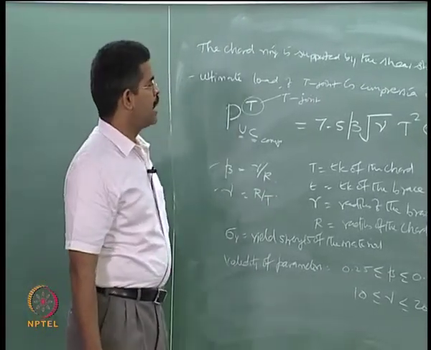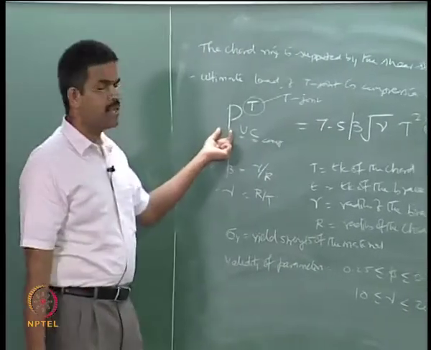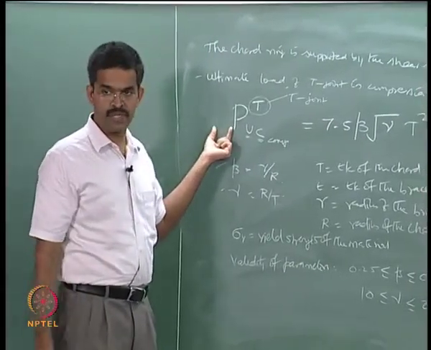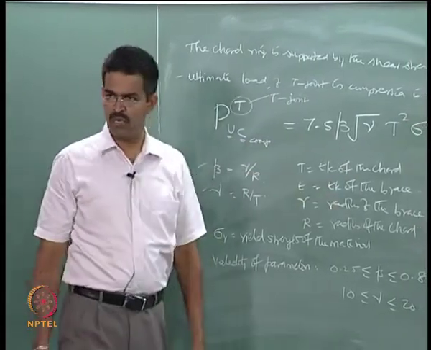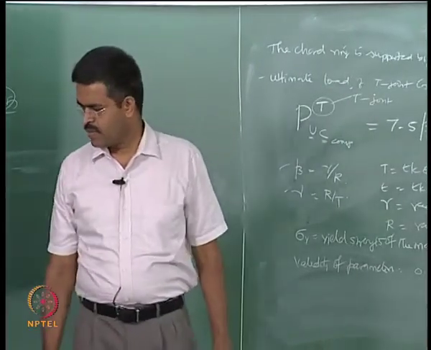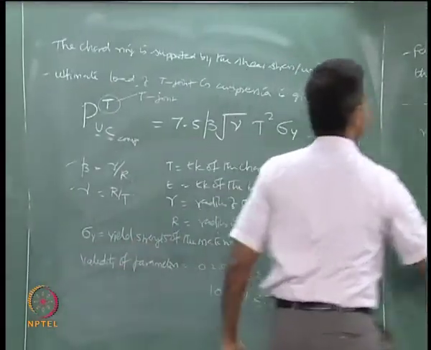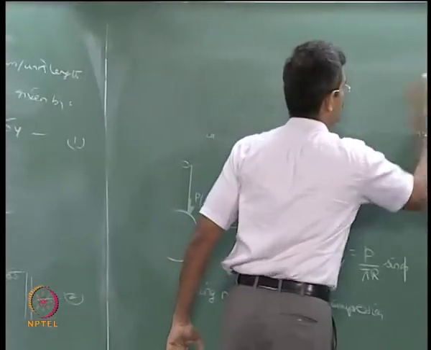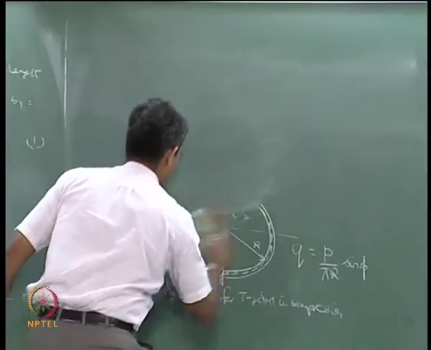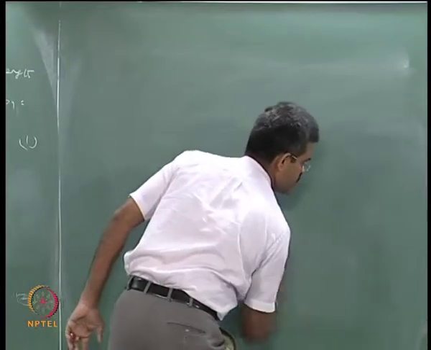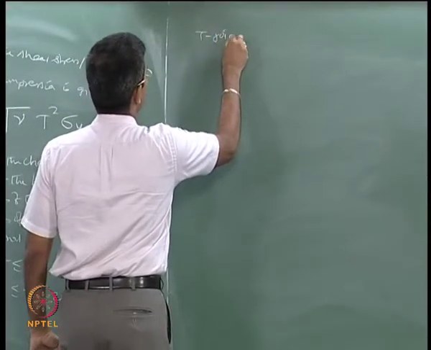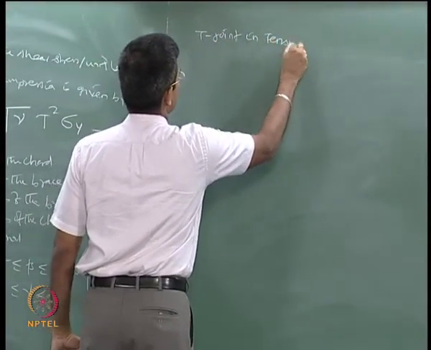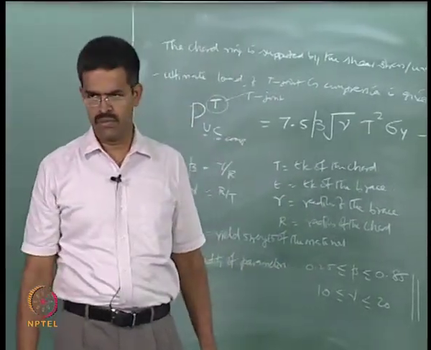This is an empirical value which gives me the ultimate strength or ultimate load carrying capacity of a T joint in compression. Obviously, now we look for T joint in tension. Remember, the tension or compression is only the load applied on the brace, okay, not on the chord.